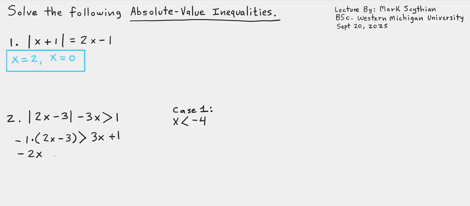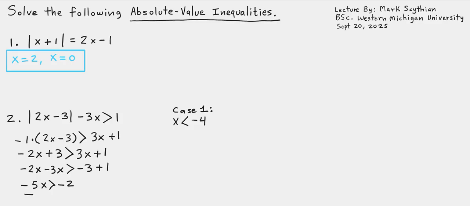Minus 1 times minus 3 is plus 3. It's greater than 3x plus 1. So now if we bring the positive 3x to the left side, this becomes minus 2x minus 3x is greater than negative 3 plus 1. So this becomes minus 5x is greater than minus 2.